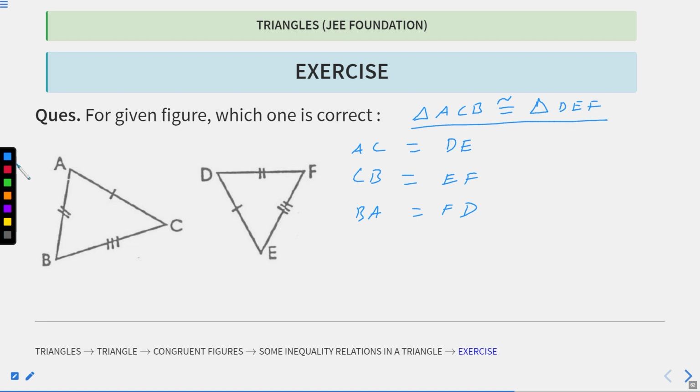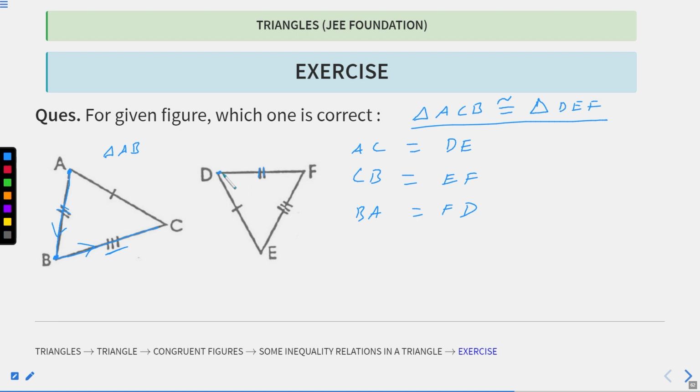Or suppose I am standing here, I go first from A to B, so I am writing triangle AB, then going to the second side, then the third side. So the first side is this, the second side is this, and the third side is this.